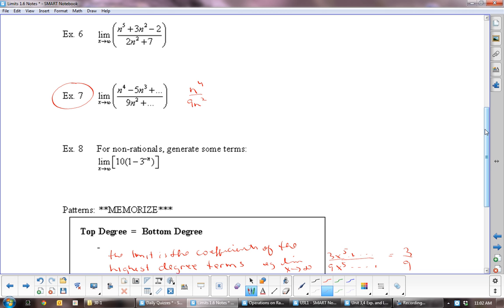As we go to infinity, which one's going to be way bigger? The top, okay? So it would be the top divided by a smaller one, right? Is it going to approach 0? Is it going to approach 1? It will not exist, right?